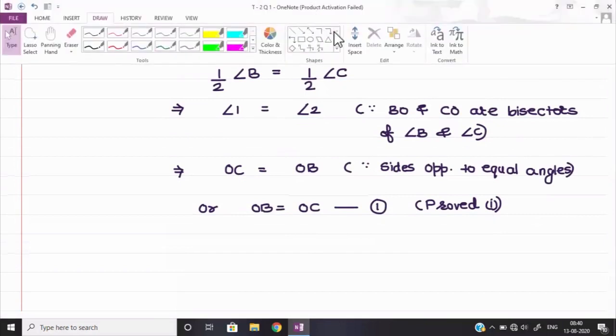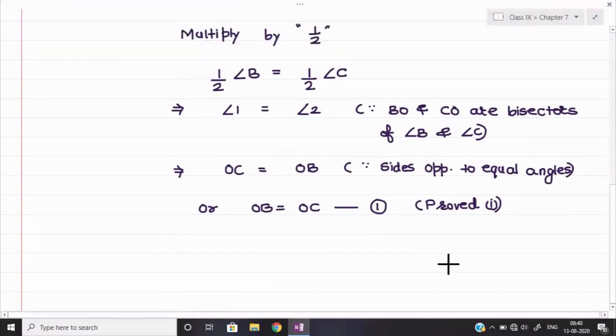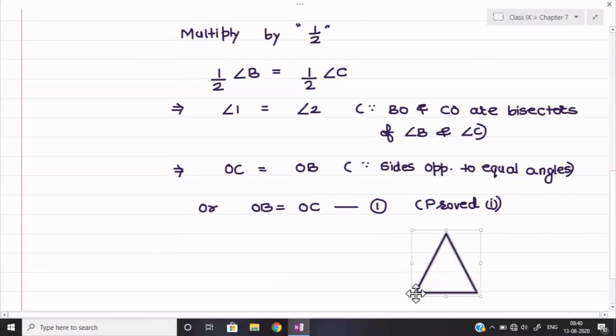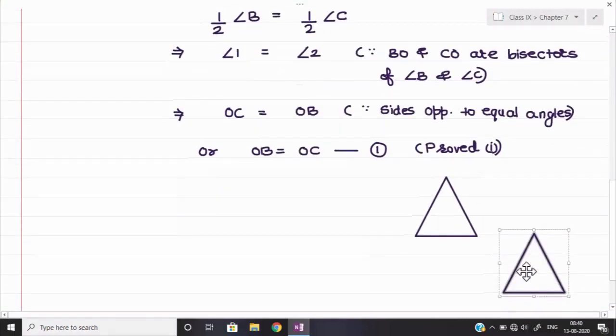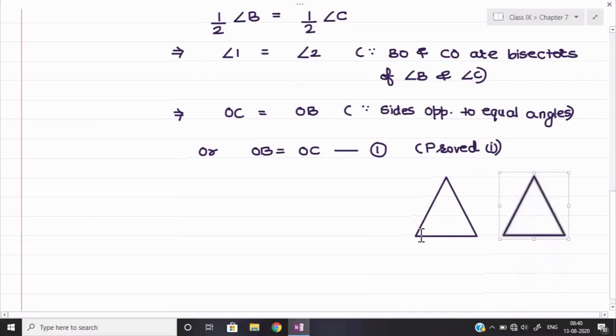First, let me take two triangles. This is my first triangle, and similarly I will take one more triangle. So the first triangle I am naming AOB.